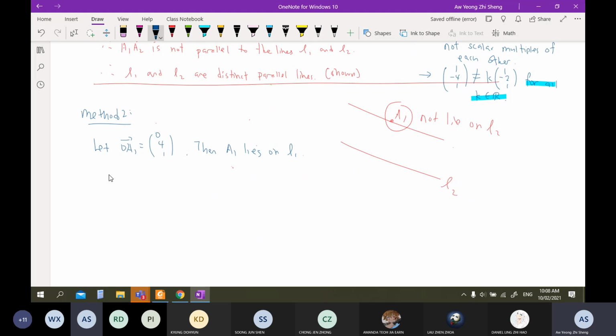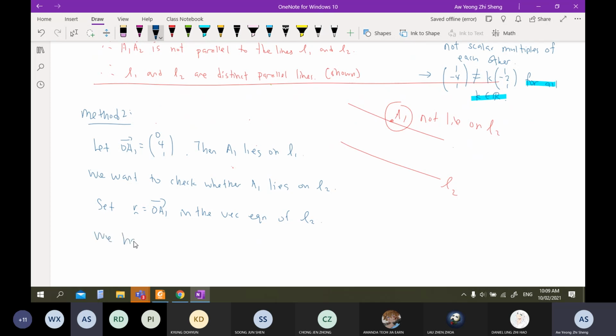Now, we want to check whether A1 lies on L2. So we would set r equals OA1 in the vector equation of L2.